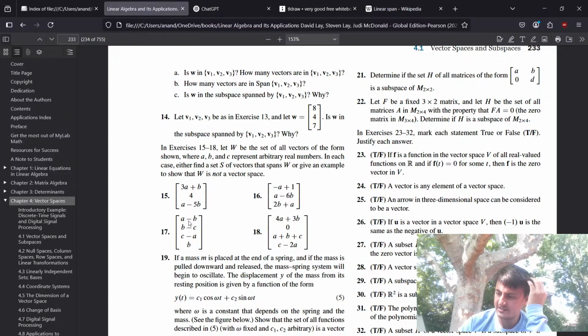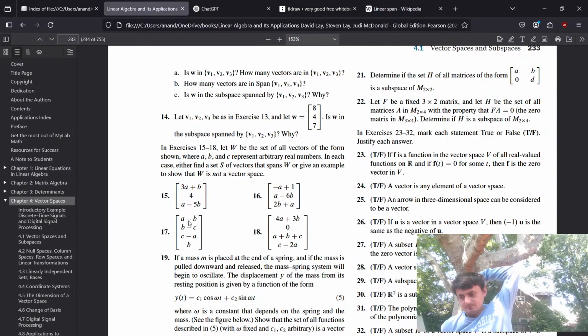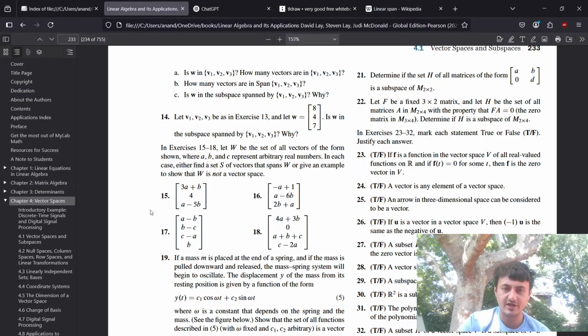So yes, it's a vector space because, well, the easiest thing to do in the previous examples is that you don't need to take A and B equal to 0. You just show that 0 is not in this thing. You don't have a 0 vector.